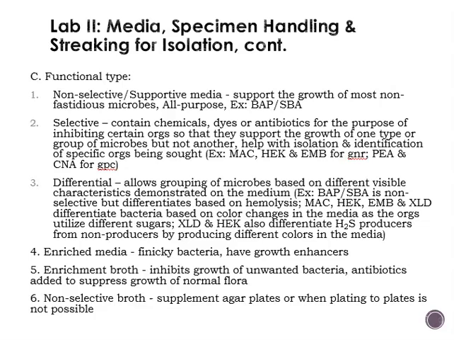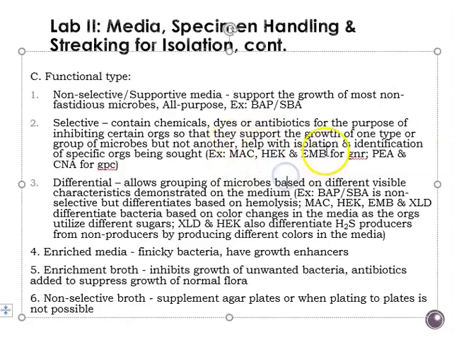So this helps with isolation and identification of specific organisms that you might be looking for. So examples of selective media are MacConkey, Hektoen, EMB, so all of those are made for gram-negative rods, and then PEA and CNA for gram-positive cocci.